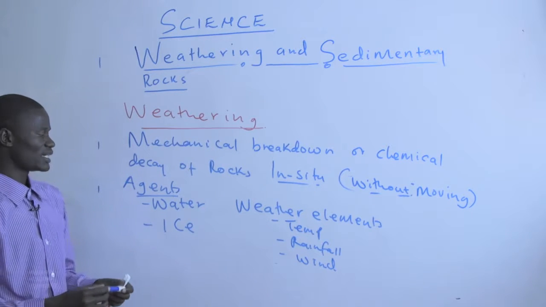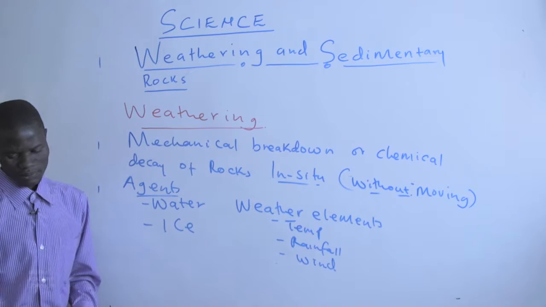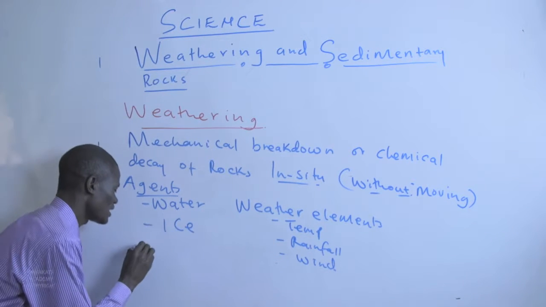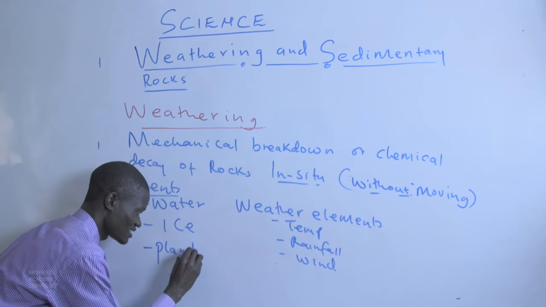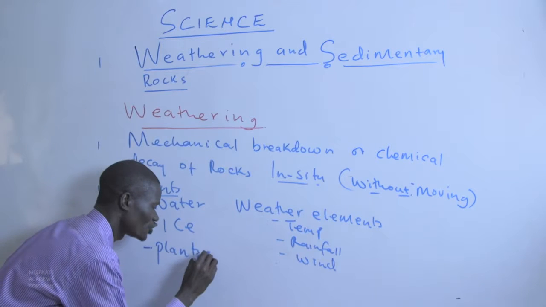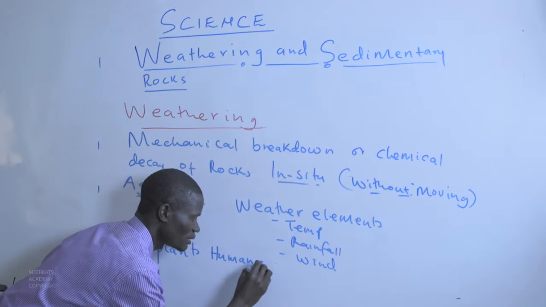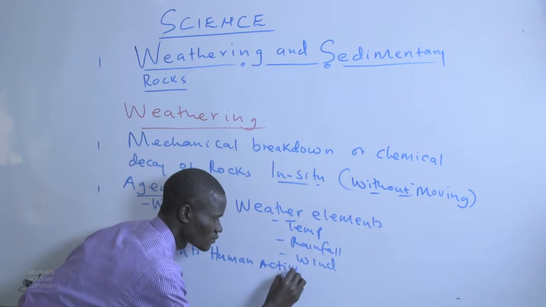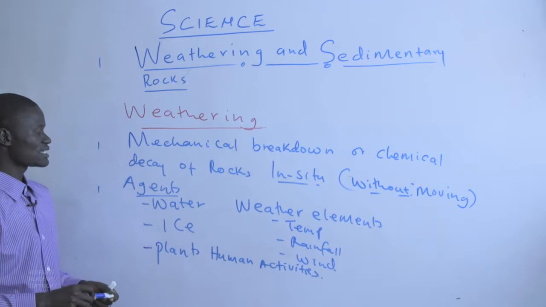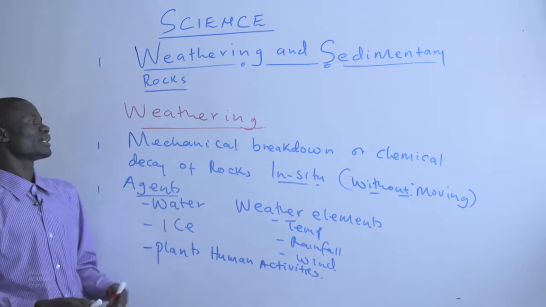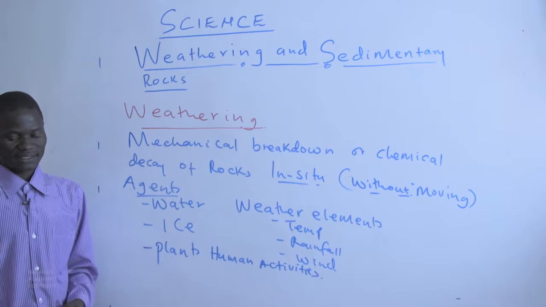Those are weather elements that may contribute to weathering processes, among other agents such as plants and human activities. These are the agents that may trigger or activate the process of weathering.